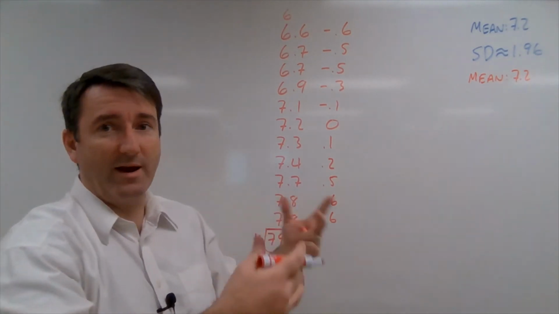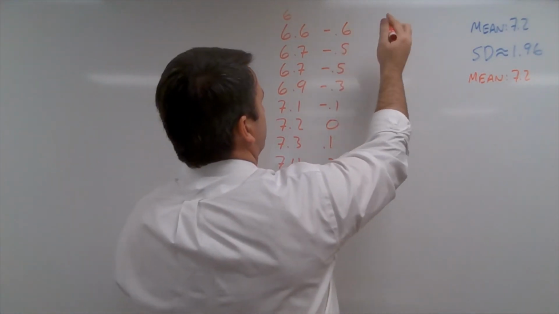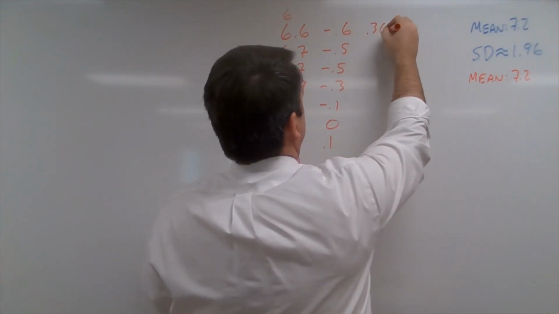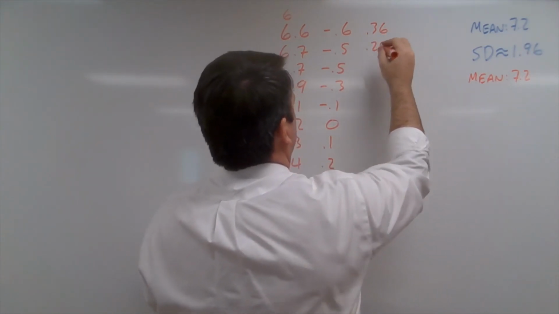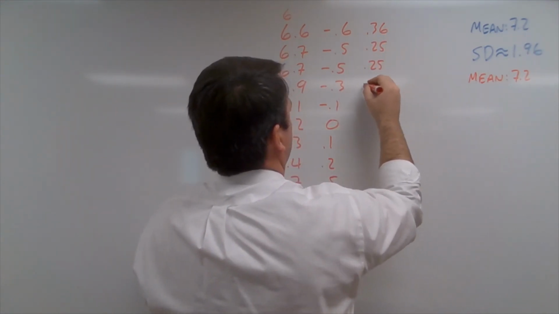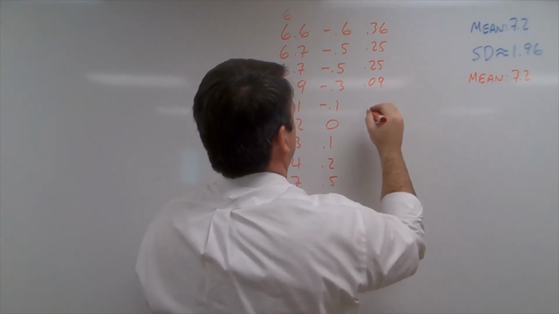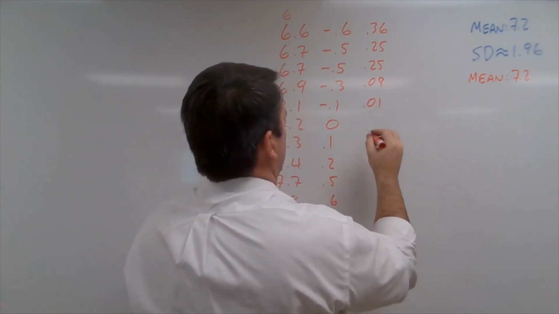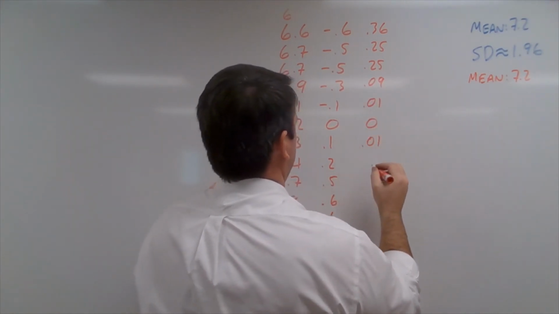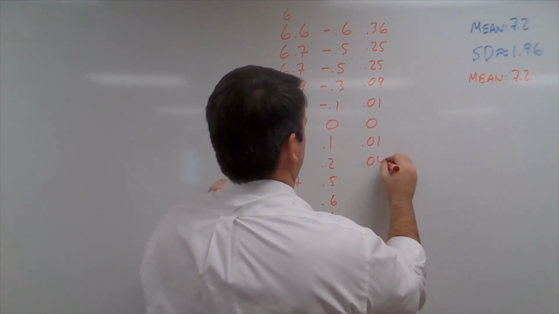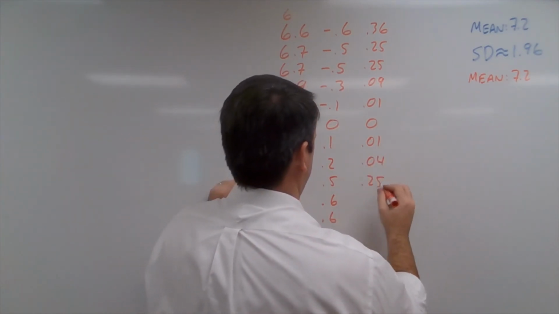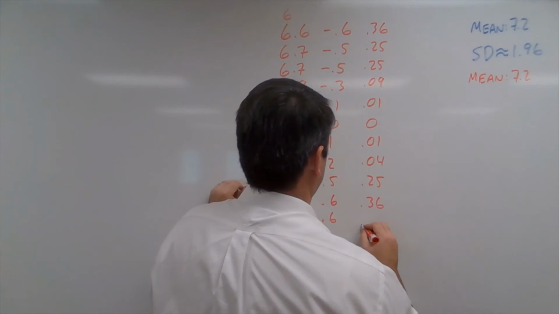Now let's square each of those deviations. So this is going to be 0.36, 0.25, 0.25, 0.09, 0.01, 0, 0.01, 0.04, 0.25, 0.36, and 0.36.